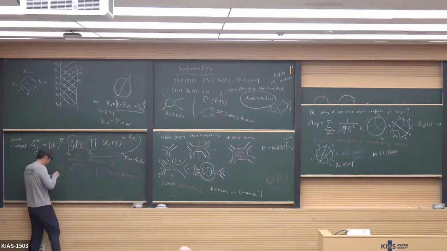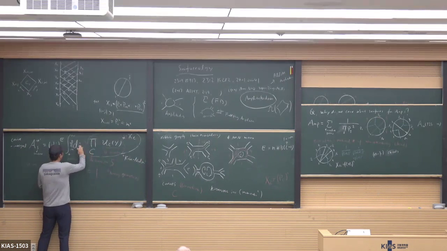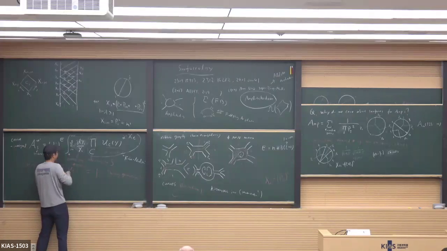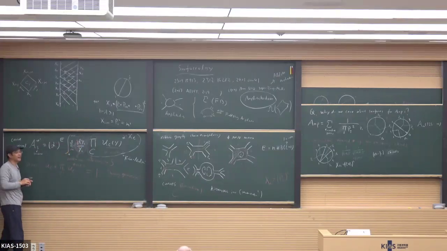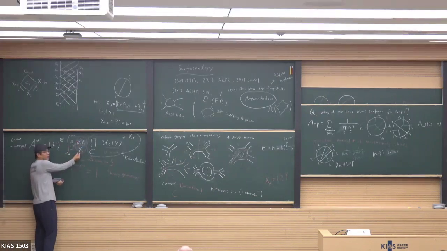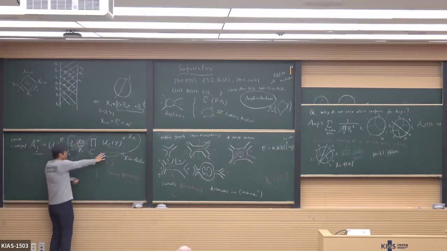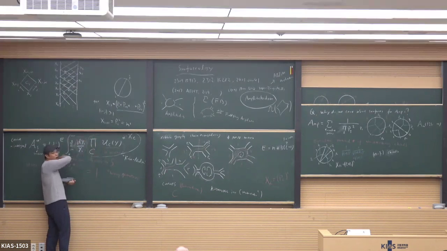Sorry, I'm being stupid. This is dy over y_i. Very crucially, this is the logarithmic form on this space, which has logarithmic singularities on all the boundaries. I'll explain. But this is literally the string Koba-Nielsen factor if you restrict to the disk case. But now we have a generalization to all surfaces.